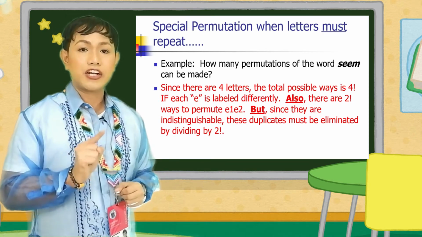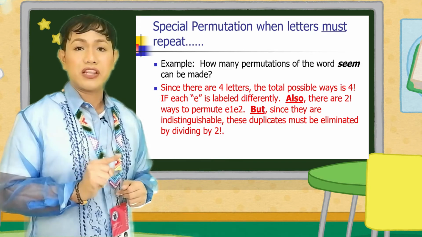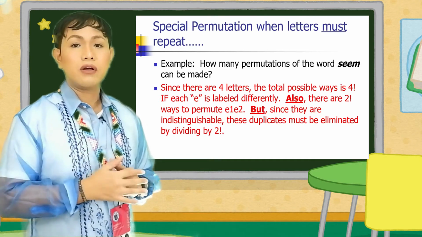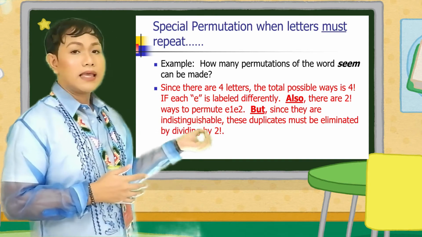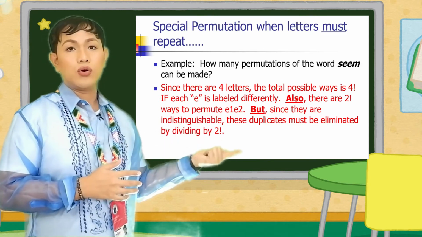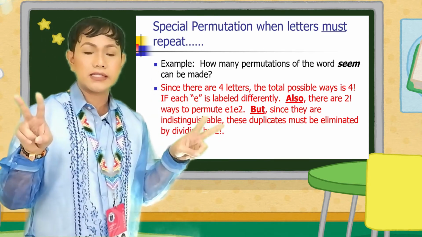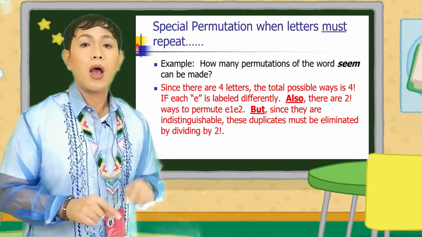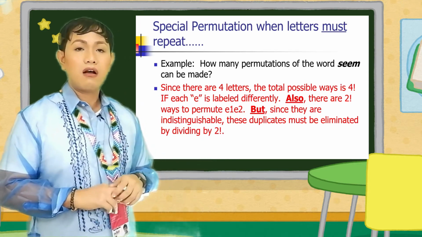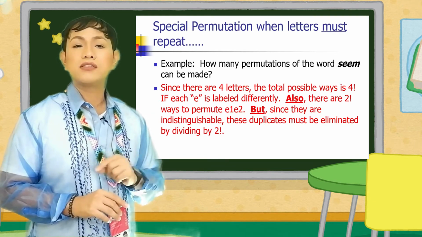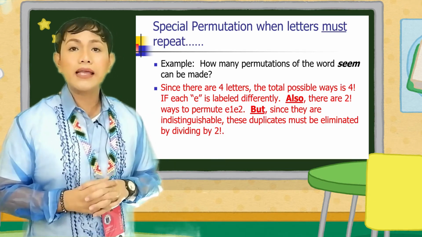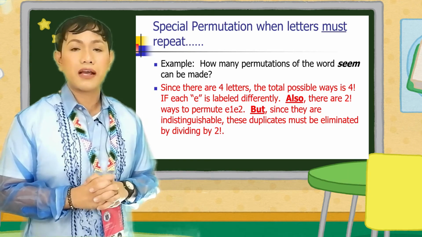If each letter E is labeled differently. Also, there are 2 factorial ways to permute E1 and E2. I'm referring to the 2 E's in the word SEEM. But since they are indistinguishable, these duplicates must be eliminated by dividing by 2 factorial.